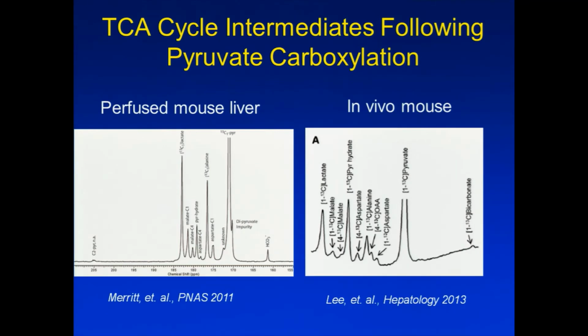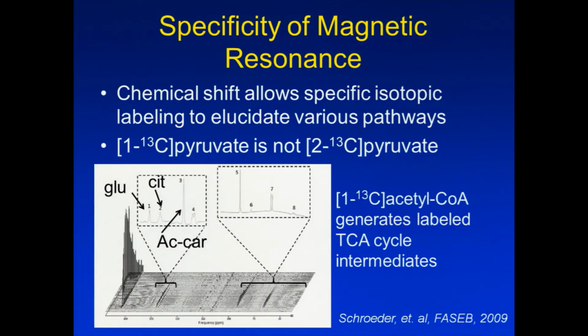If it's in cancer, you're going to see a lot of lactate. If it's in the heart, you're going to see a lot of bicarbonate. If it's in the liver, you've got a different set of observations. Another advantage of magnetic resonance is the specificity because of the chemical shift that's associated with the innate carbon-13 or proton spectrum.